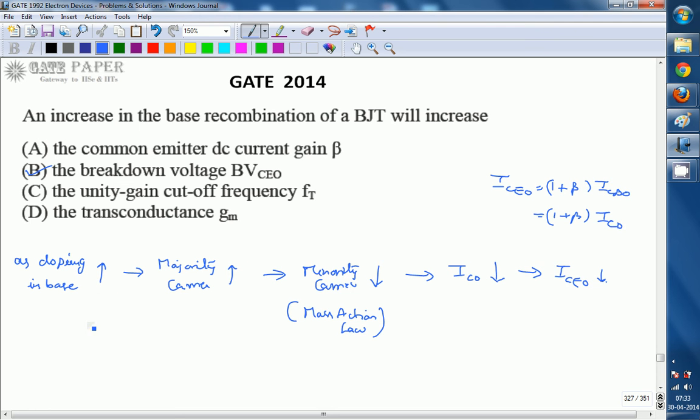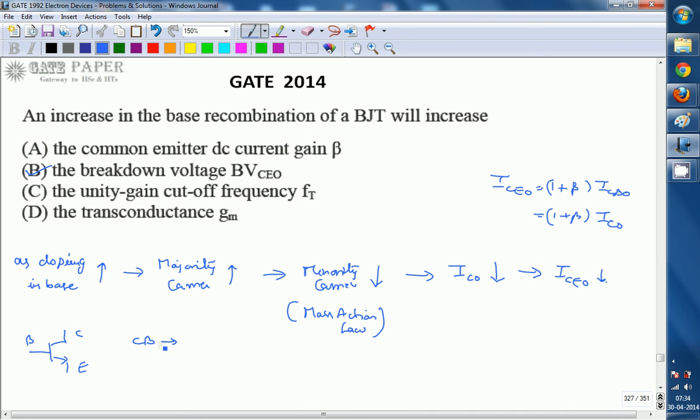Normally a BJT is a three-terminal device with collector, base and emitter. Depending on which terminal you make common for input and output, it may be configured as common base, common emitter or common collector. Let us assume it is common base, so base is common.